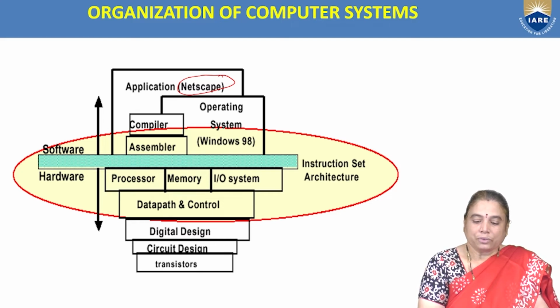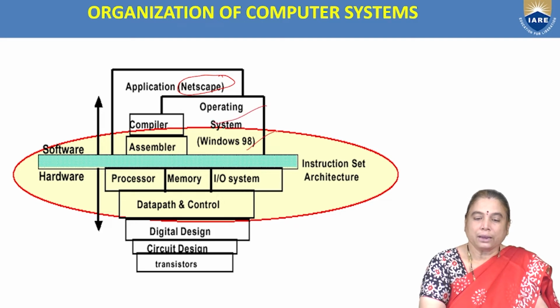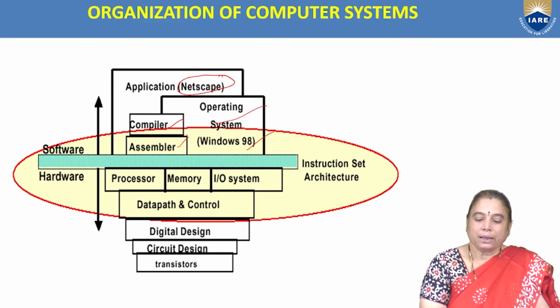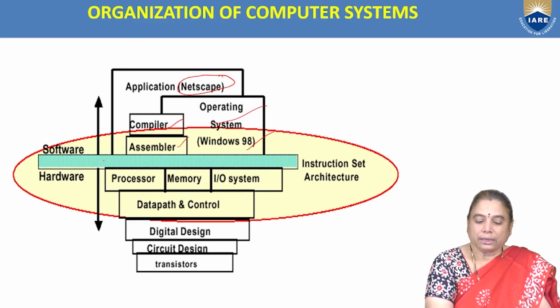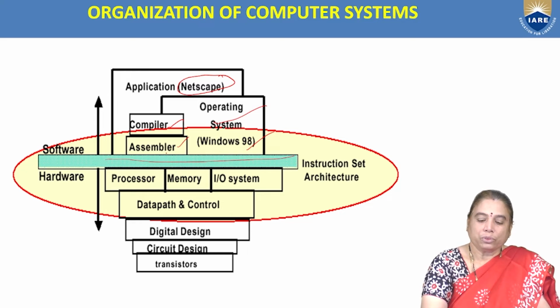The task has to interact with the operating system, for example Windows 98, and with the help of any programming language or assembly language, with the help of a compiler and assembler, it has to be converted into machine code, which in turn is taken as input for the instruction set architecture and given to the various electronic elements with the microcontrolled architecture and with the help of microinstructions.